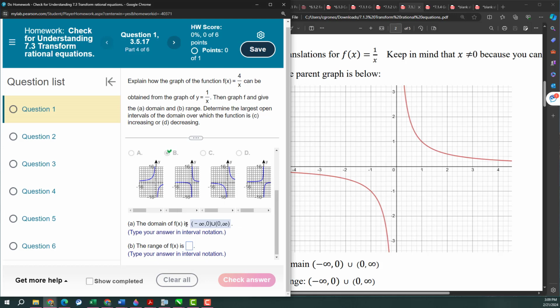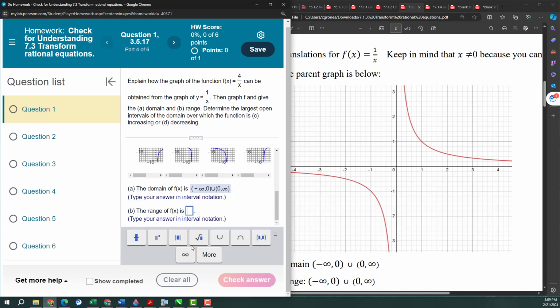Okay. And then our range, similarly, our graph is approaching the x-axis, but it never touches it. So it's going to be this same interval. I've got negative infinity, comma, 0, and then 0, comma, infinity.